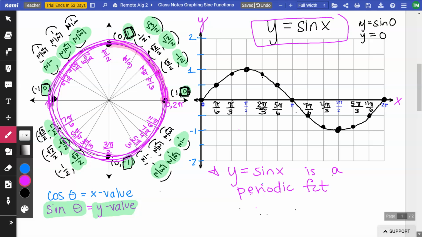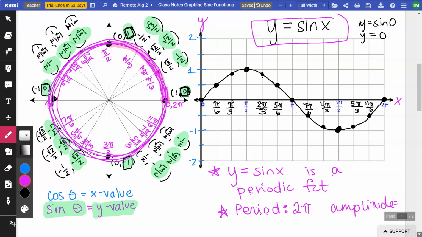We also know that we have a period and an amplitude. It takes between 0 and 2 pi to have one full cycle of y equals the sine of x, so the period of this function is 2 pi. The amplitude is the vertical distance from the midline.